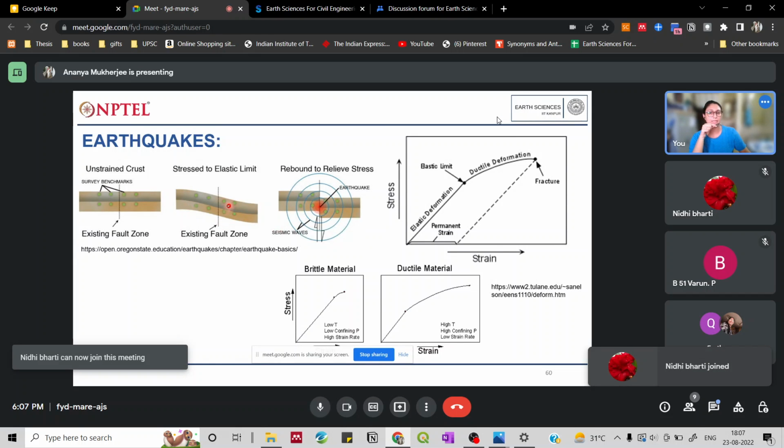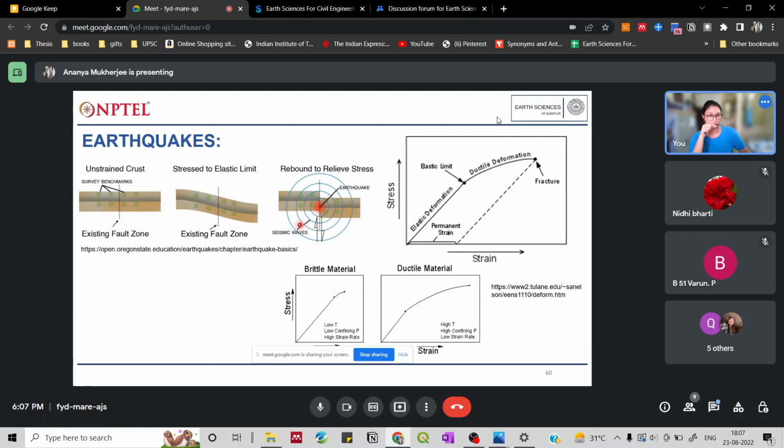But after a certain point of time it will release the accumulated strain and relieve the stress. Due to this stress relieving, different kinds of waves are propagated within the Earth and also on the Earth's surface. This rupture is called an earthquake.